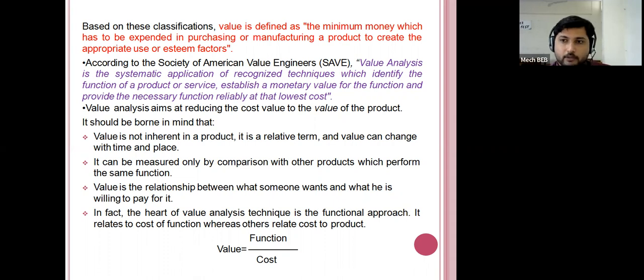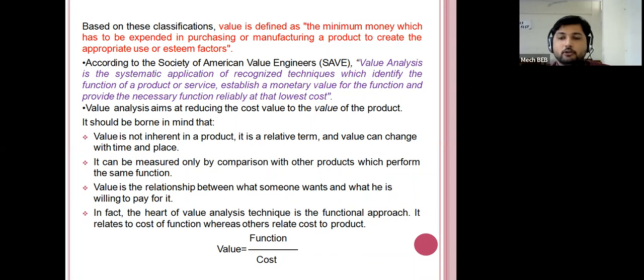So there are some value analysis techniques that will be used to identify the functional requirement of any product or any service, and that particular function will be converted into a monetary value. Okay, or will be converted into cost or money.